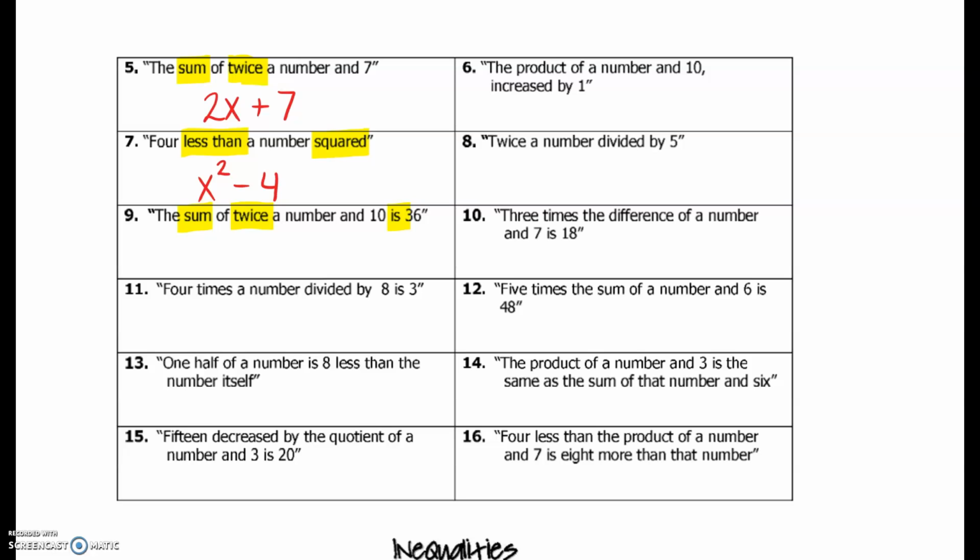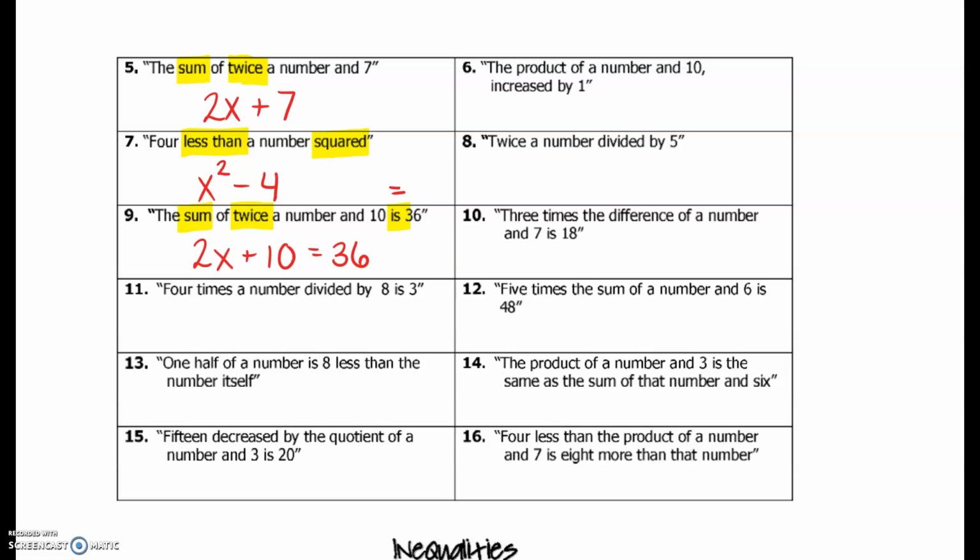In this case, the sum of twice a number. Twice a number means that we should write 2x plus 10. The keyword is starts indicating to us that we need to write an equation. So in this case, we will have equals 36. So towards the bottom of the assignment here, we're going to start to add in writing equations.